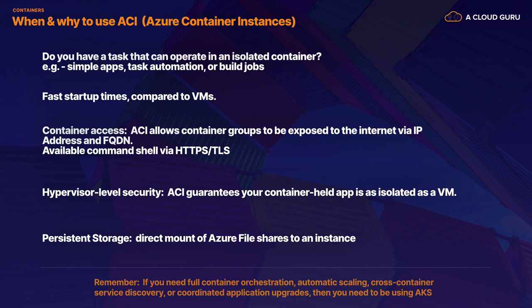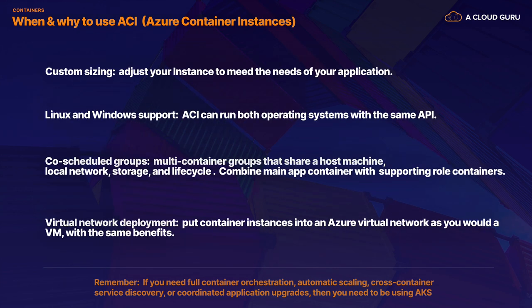So you can have a pretty static storage environment that your containers will always access. Now, if you need full container orchestration, any kind of automatic scaling, service discovery in your containers, or if you want to do, like I mentioned earlier, the rolling application upgrades, then you definitely want to be using Kubernetes.